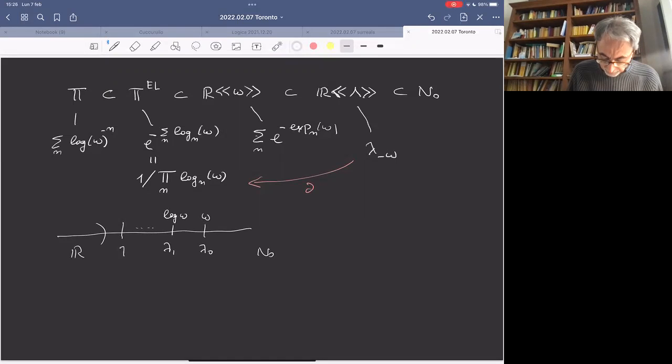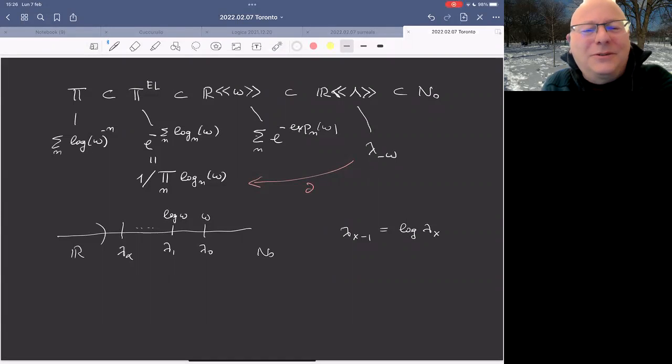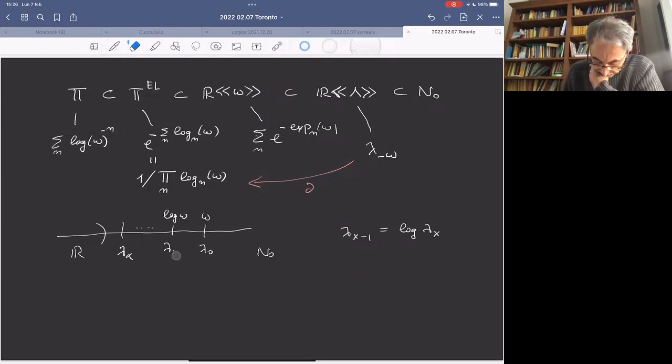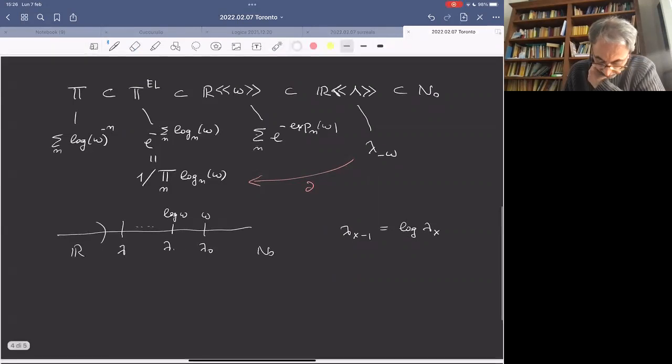We have lambda alpha for every ordinal alpha, and we know that lambda of alpha minus 1 is the log of lambda alpha. Sorry, Alessandro. So yes, log of omega is lambda of minus 1, right? Minus 1. Okay, thank you. Minus 1, and this is minus omega.